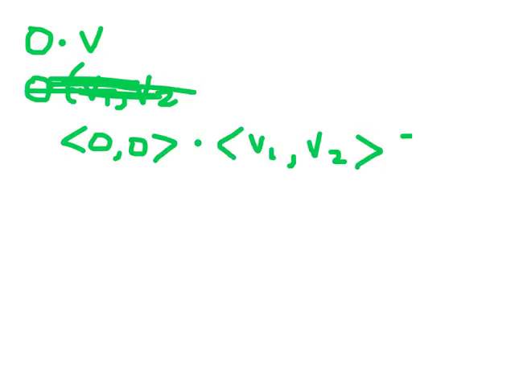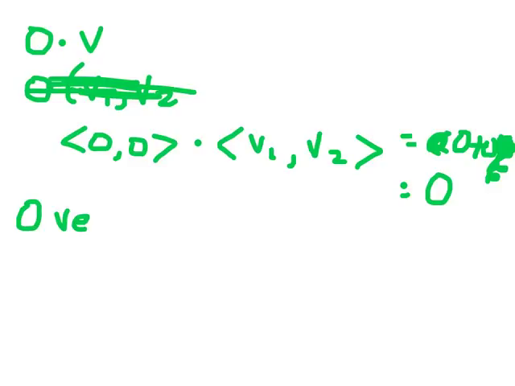It's always going to be 0 plus 0. I don't know why I keep writing these little symbols there, because this is not a vector, it's a scalar quantity. So I'm going to make the mistakes and then reiterate to you that I made a mistake. The result is just a number 0. And what I know about this then is that the 0 vector is orthogonal to every vector.